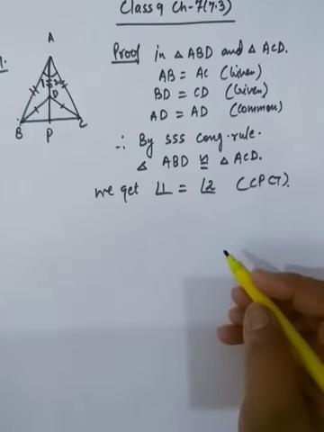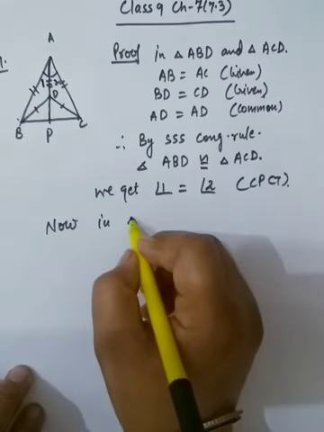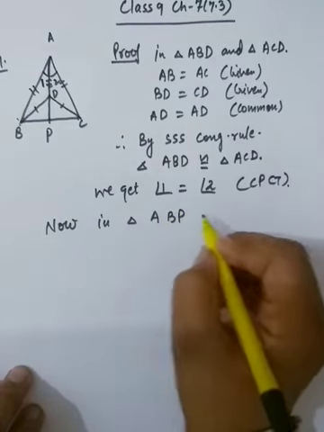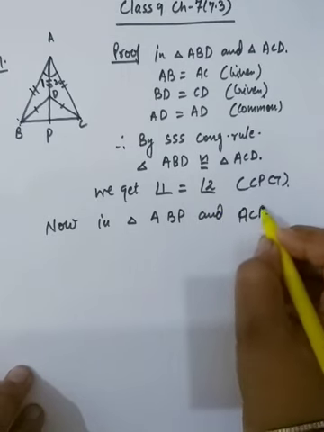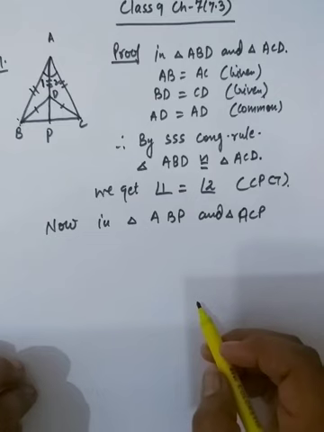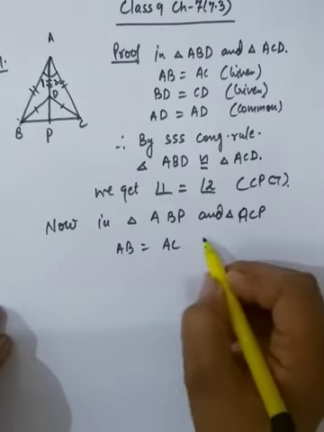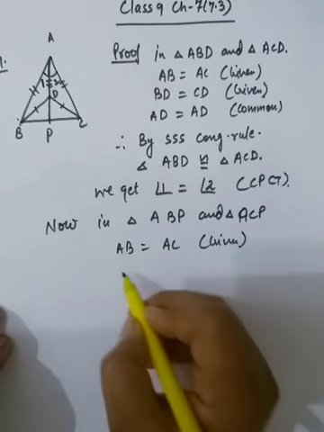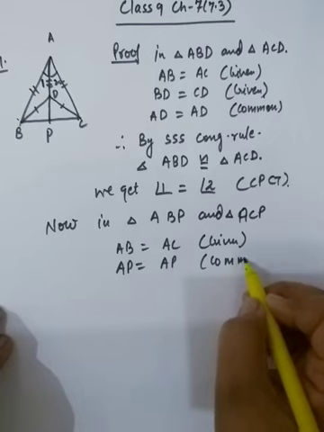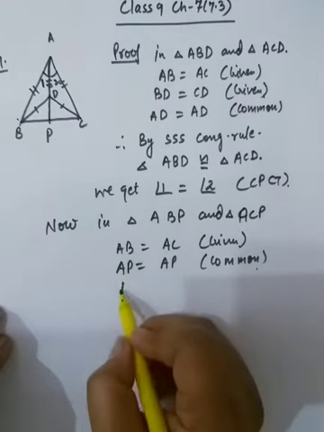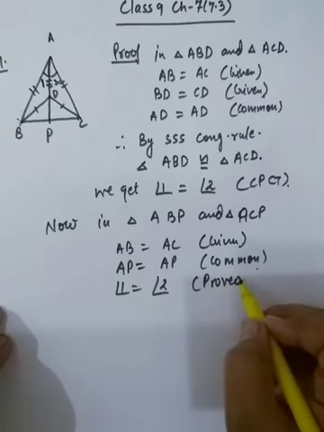Now in triangle ABP and ACP, we can prove these two triangles congruent. AB is equal to AC, this is given, and AP is equal to AP, this is common, and the third one to use is angle 1 is equal to angle 2, this is proved above.